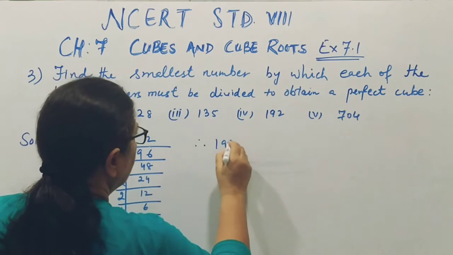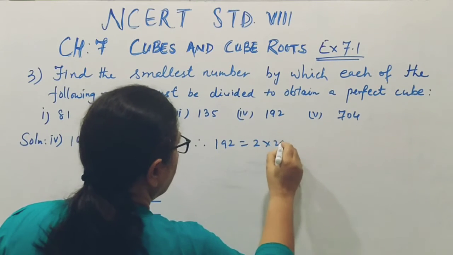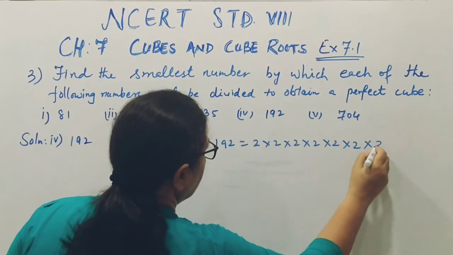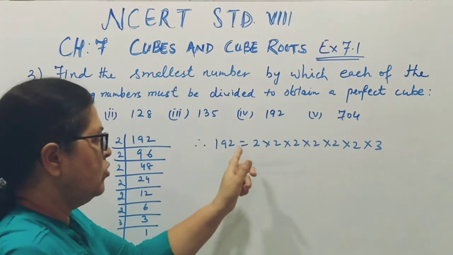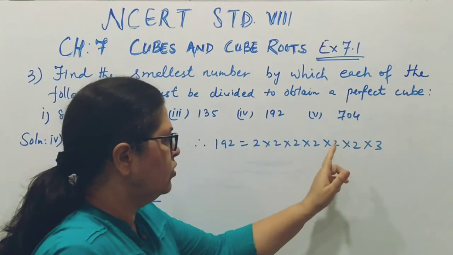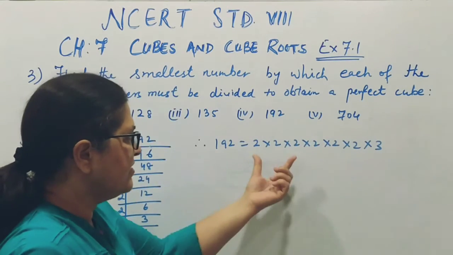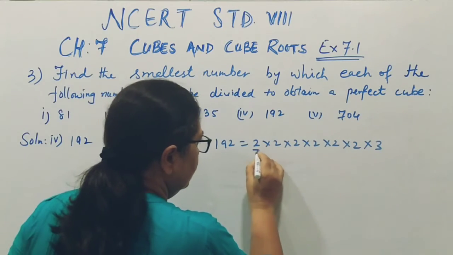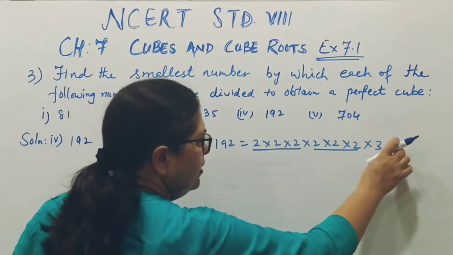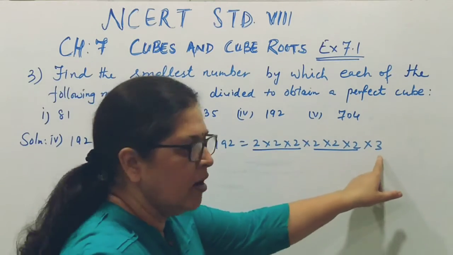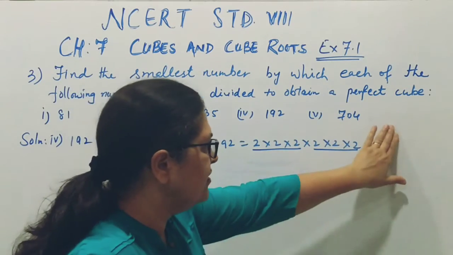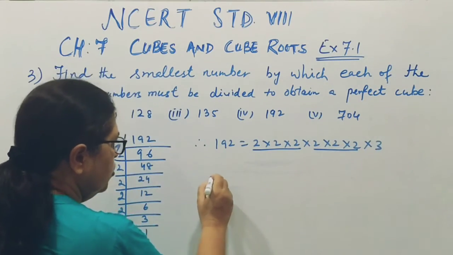Therefore, 192 is equal to 2 into 2 into 2 into 2 into 2 into 2 into 3. 6 times 2 and 1 time 3. So these triplets are complete, and the last 3 is not forming a triplet. Hence 192 must be divided by this 3 to get a perfect cube number.